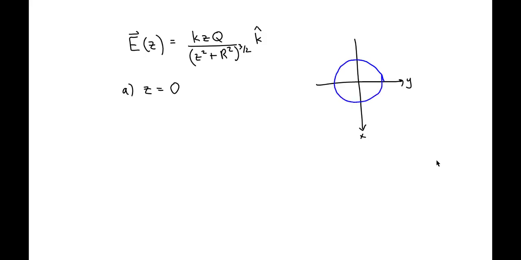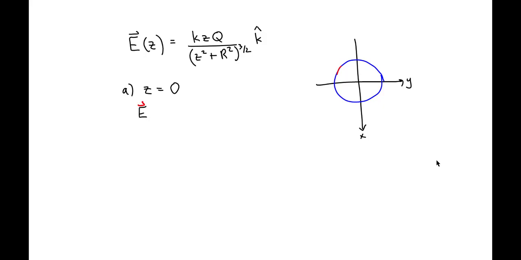If this is the ring of charge, as we've discussed earlier, looking at the equation, you could probably very readily see that when you plug in 0 in our equation, you get 0 for the electric field. And let's go ahead and do that so you can see.